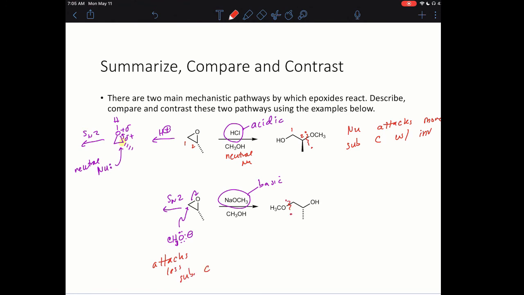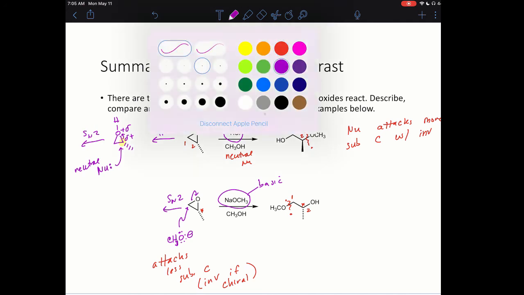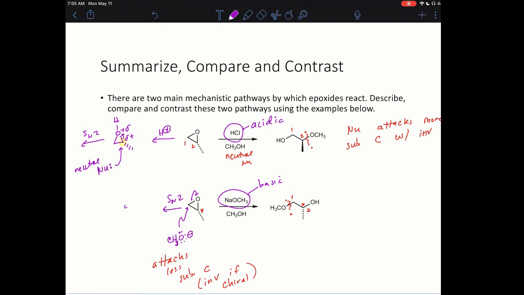If there was a stereocenter there, you would see inversion, but there's no stereocenter for this particular example. Now the other carbon is chiral, but there's no inversion there because nothing happened there. So you have SN2 first to make the anionic intermediate, and then you'd have proton transfer.